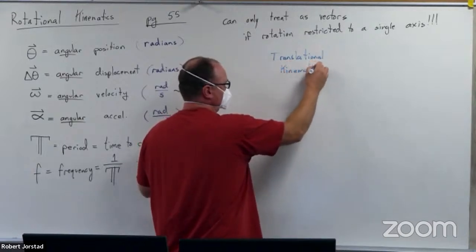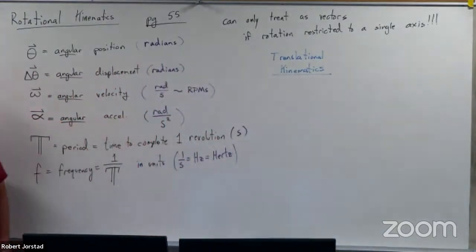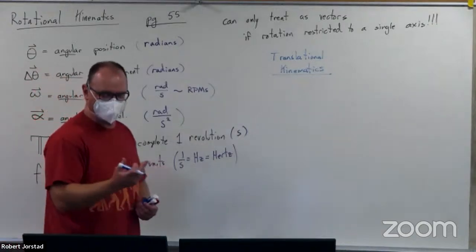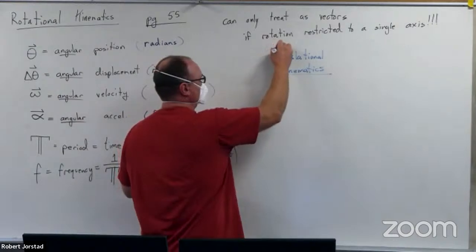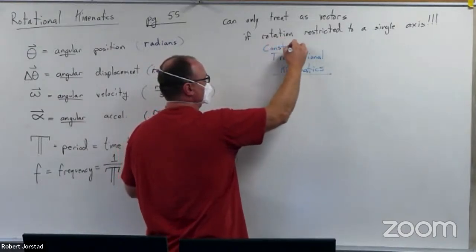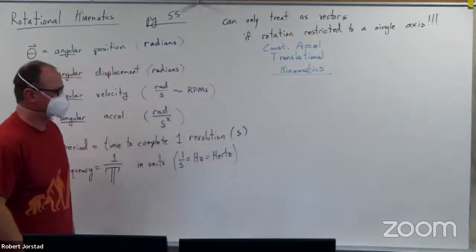Let's go back to chapter 2. Somebody probably knows an equation from translational kinematics. By that, I mean, does anybody remember any of those equations we used in chapter 2 for constant acceleration? Yeah, any of those equations.